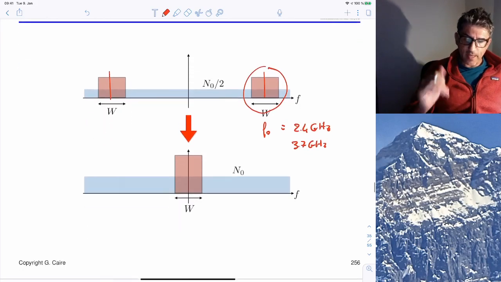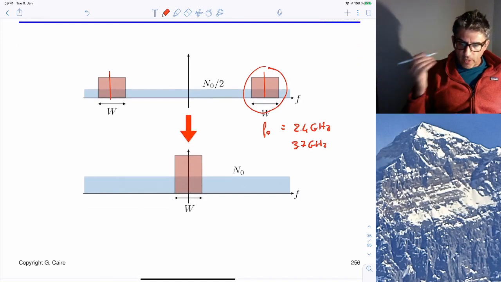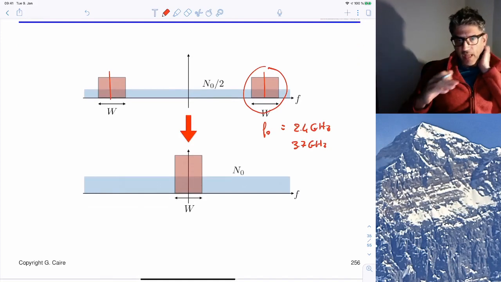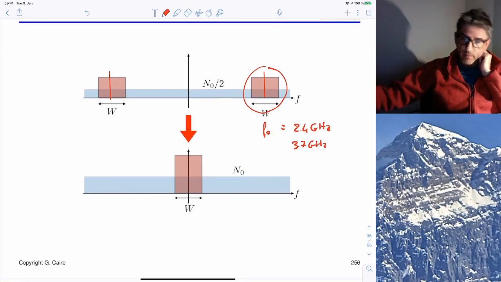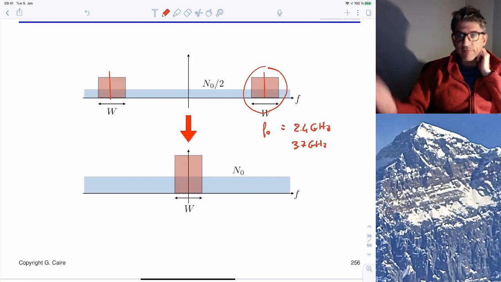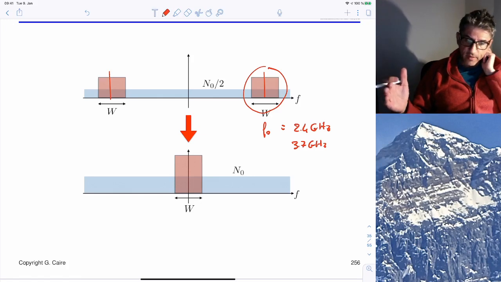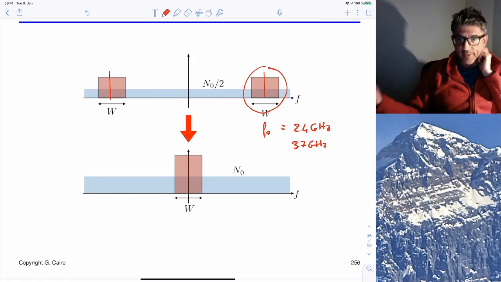Now what happens is that through communication theory, when we demodulate a passband signal, we can demodulate by multiplying by the carrier in phase, so by a cosine, and the carrier in phase quadrature by a sine.